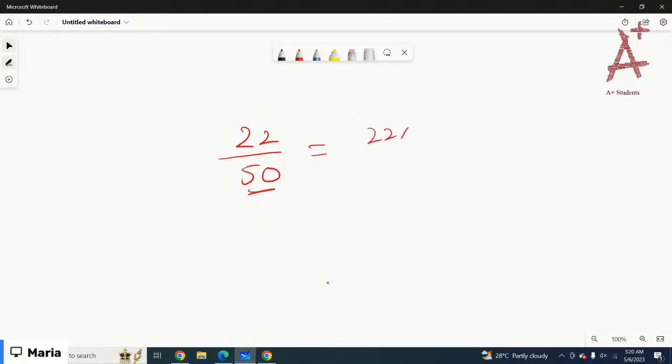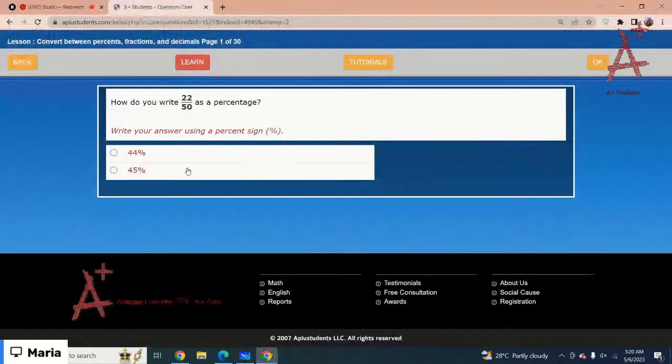So you need to do 22 times 2 divided by 50 times 2. So 22 times 2 is 44 and 50 times 2 is 100. That means 44 over 100, which means 44 out of 100. So it would be 44%. Got it? So the correct option is 44%.